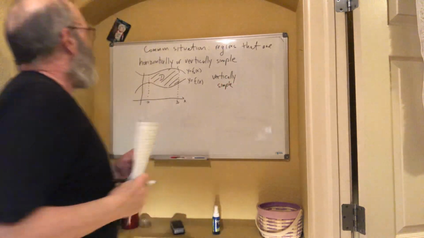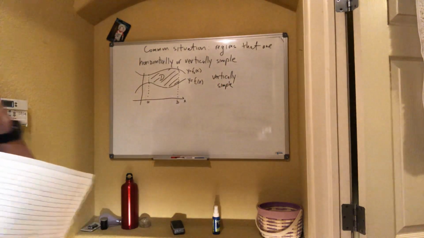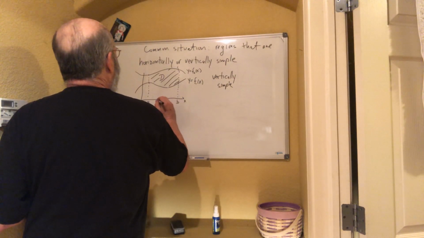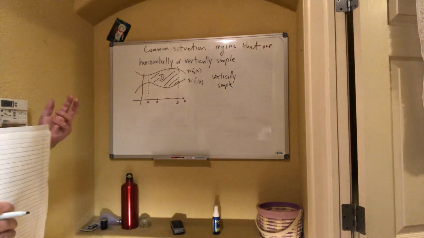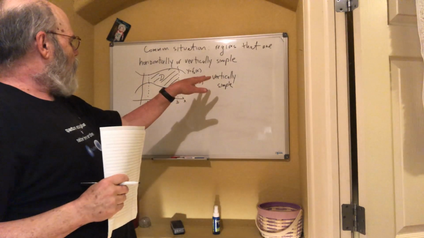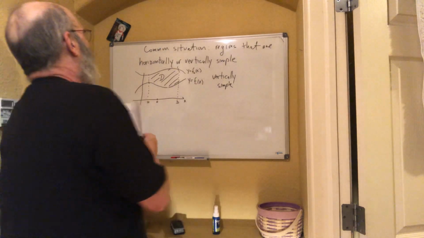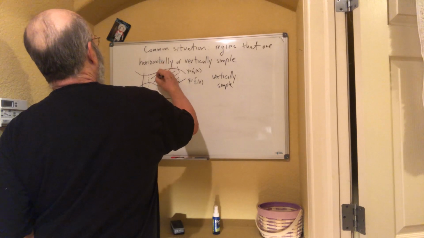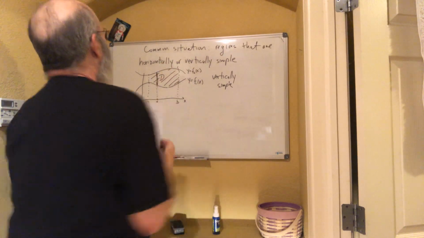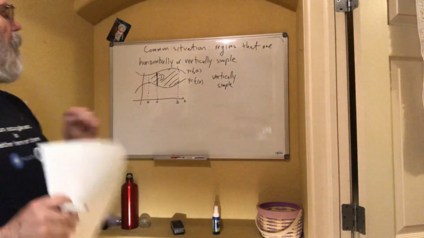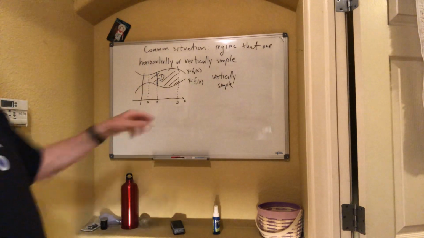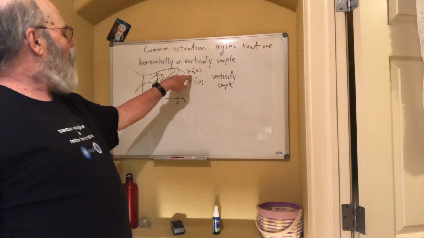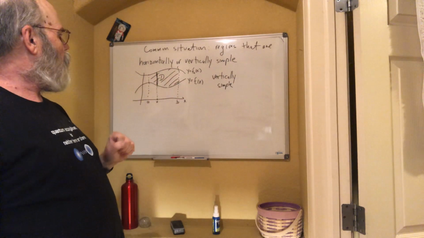Here's where the theory begins to come in. When I'm integrating for this vertically simple case, I think about it this way: for every value of x, there is going to be an integration interval that looks something like that, whose bottom part is this function f1 and whose top part is this function f2.